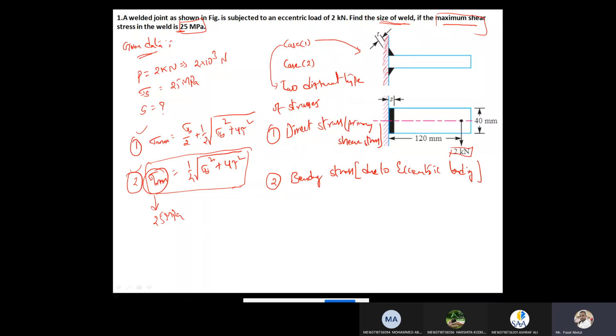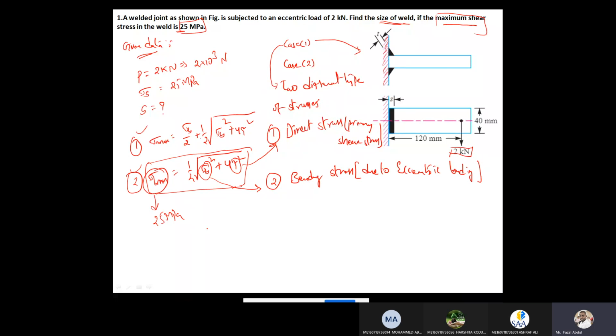What parameters are required? We require sigma b and shear stress. This shear stress is the direct primary shear stress, and sigma b is the bending stress due to eccentric loading.